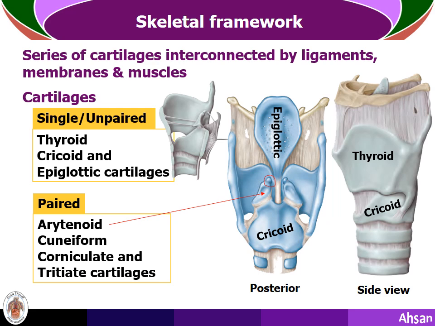The membrane between the thyroid and hyoid bone is known as the thyrohyoid membrane. The lateral edge of the thyrohyoid membrane is thickened, and the round circular red line shows the position of the triticeal cartilage.